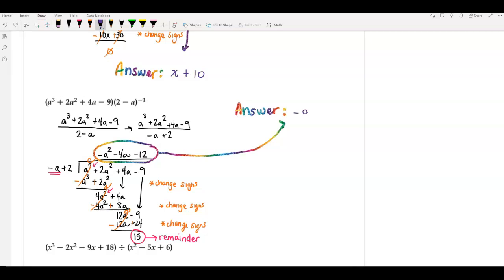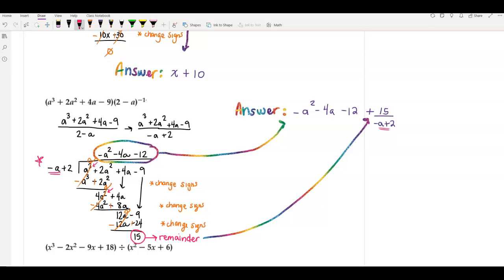We have the negative a squared minus 4a minus 12, but now we have to do plus this remainder, which in this case is 15 over the negative a plus 2, which comes back from over here.